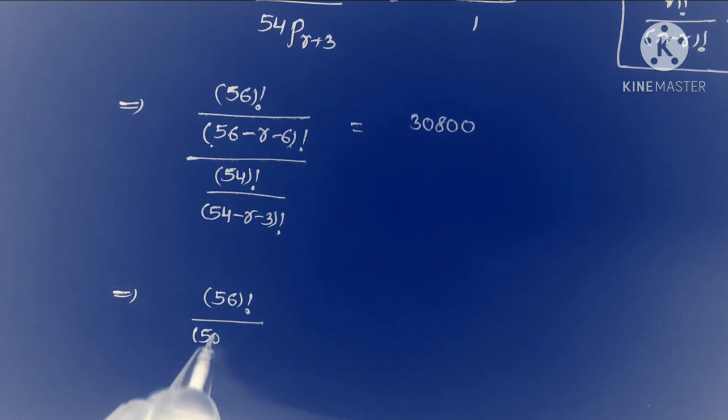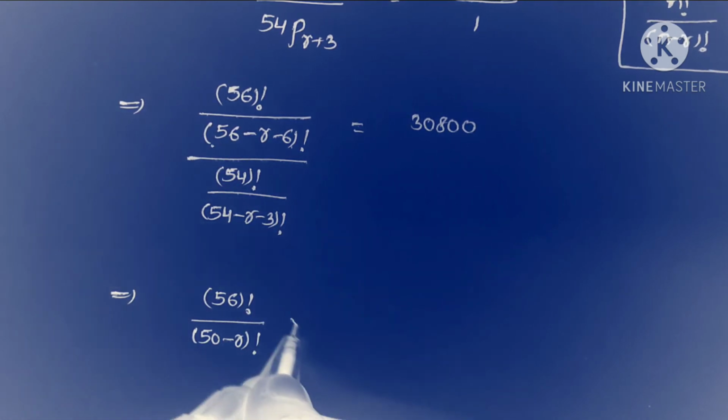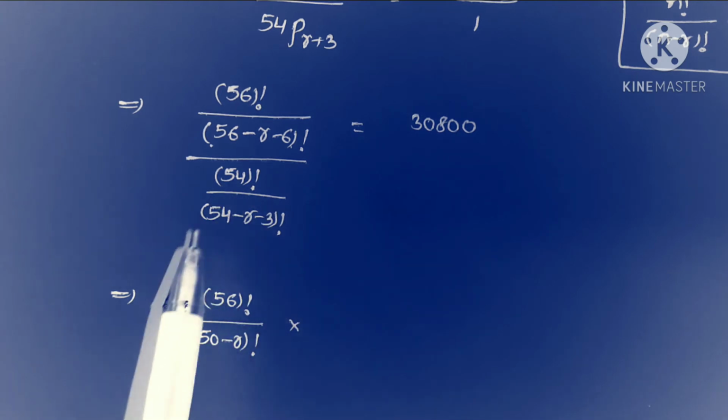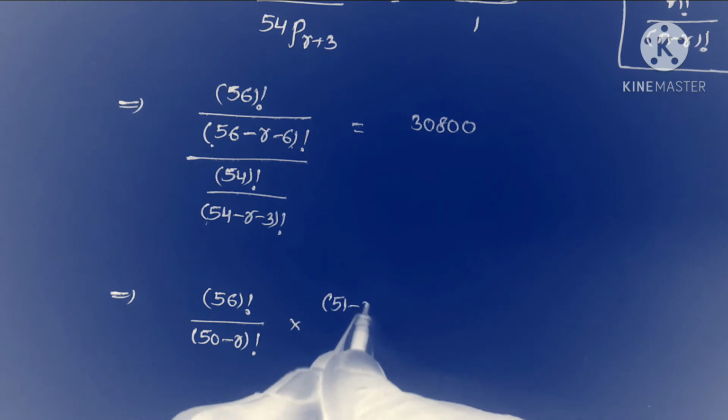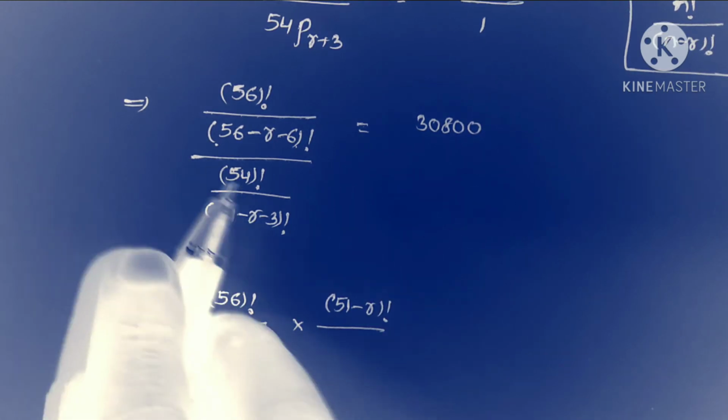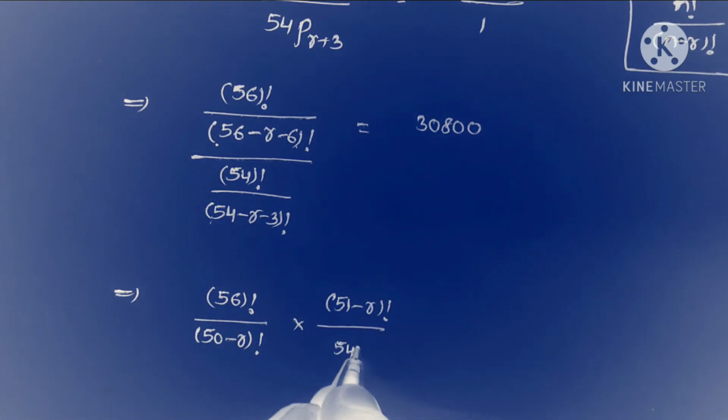So this is 50 minus r factorial into, reversing the denominator here, 54 minus 3, that is 51 minus r factorial into 54 factorial.